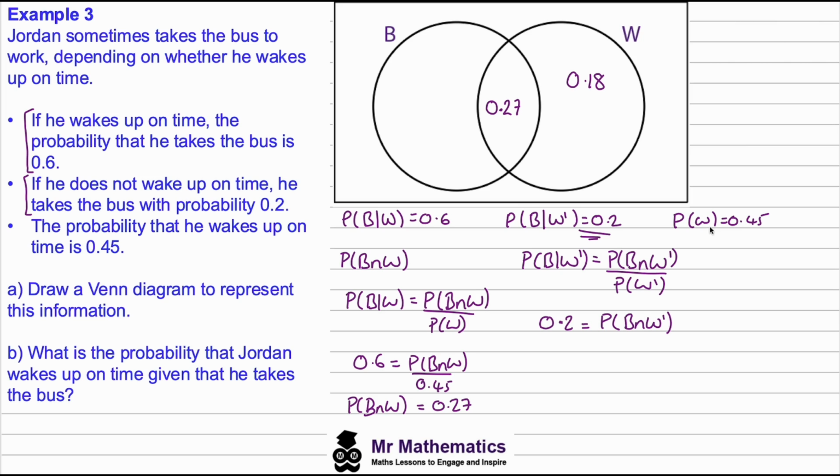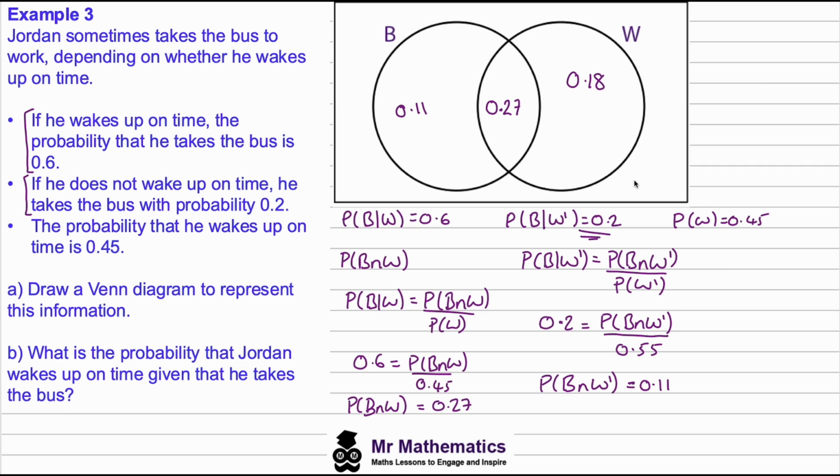And the probability of W is 0.45, then not W will be 0.55. So the intersection of B and not W will be the 0.2 times the 0.55. And this will give us 0.11. So we can label that on our diagram here.